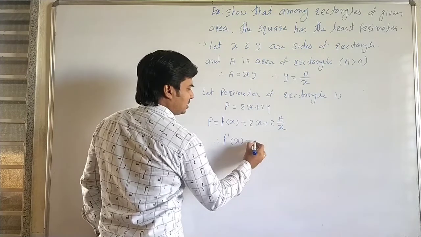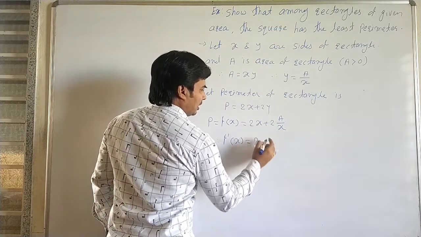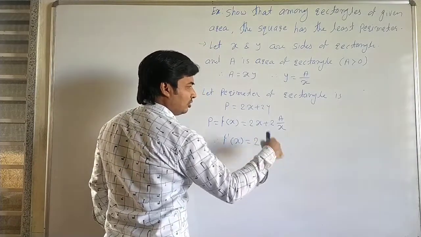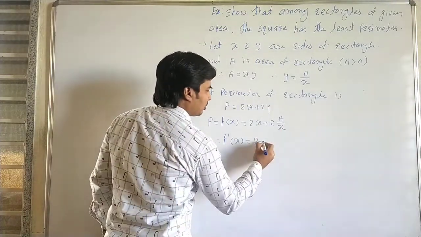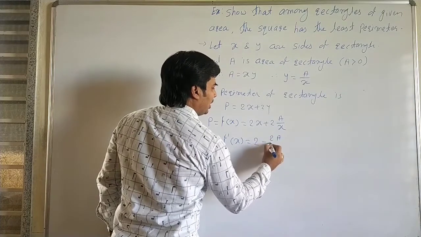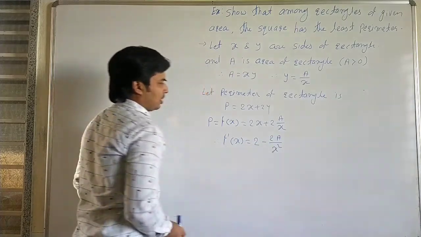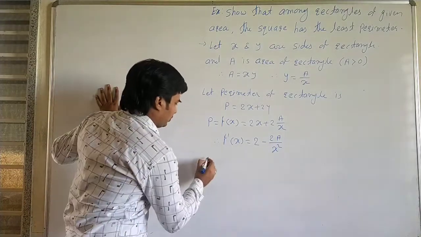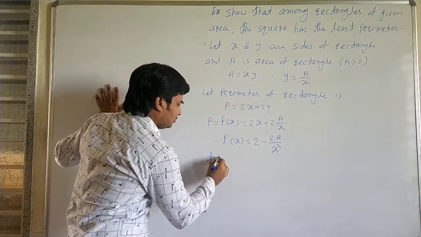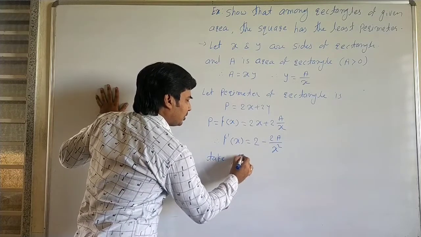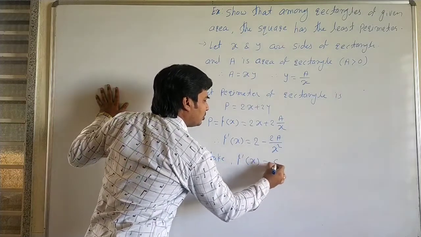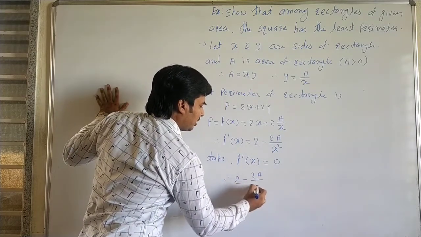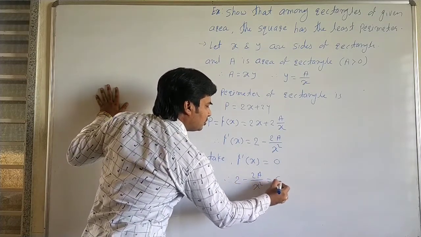f dash of x is equal to 2, here 2a is a constant and the derivative of 1 by x is minus 1 by x square, therefore minus 2a upon x square. To find the stationary point, take f dash of x equal to 0, therefore 2 minus 2a upon x square is equal to 0.